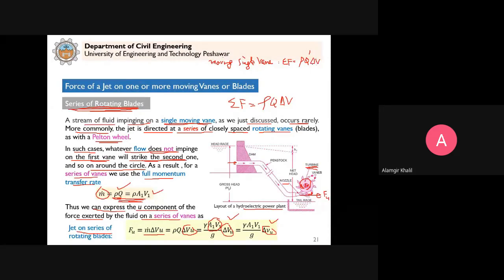Because for a single moving vane, some of the discharge is used to elongate to reach the moving vane, and then the remaining will hit. So the discharge hitting the vane is reduced.